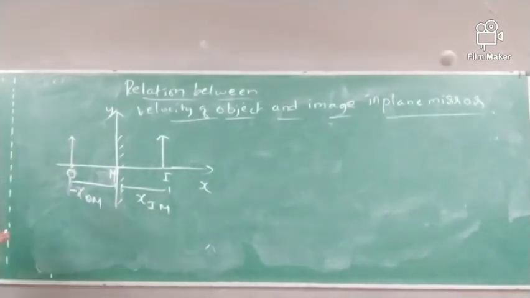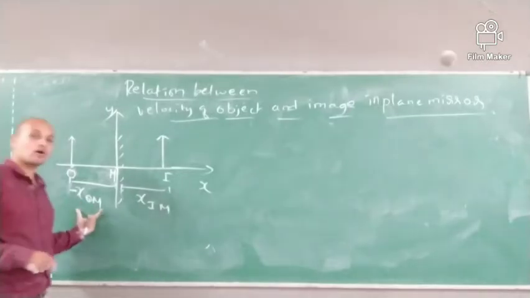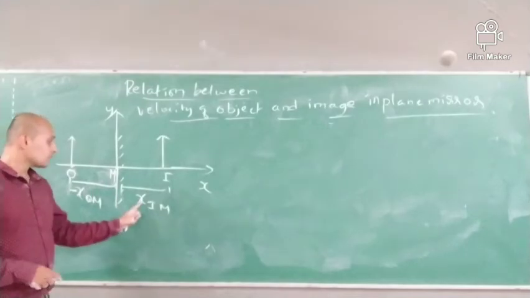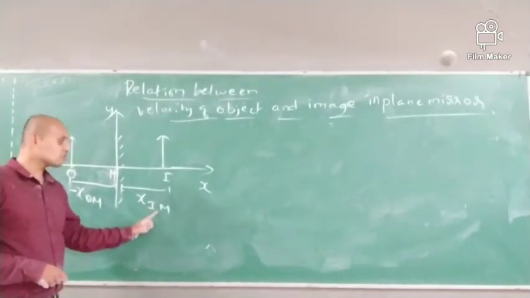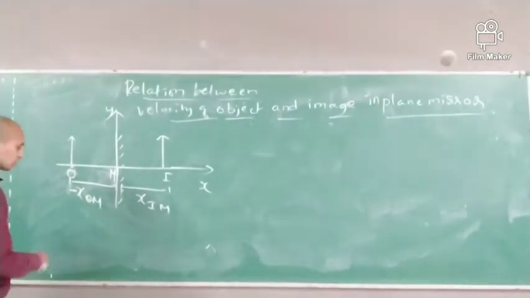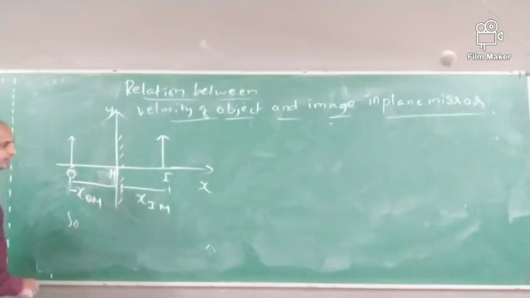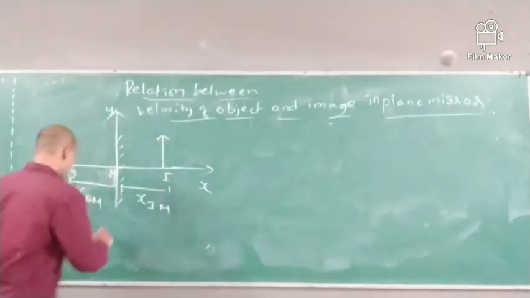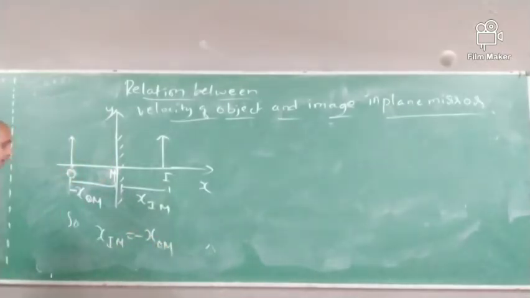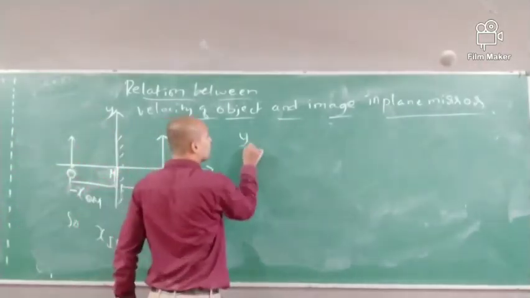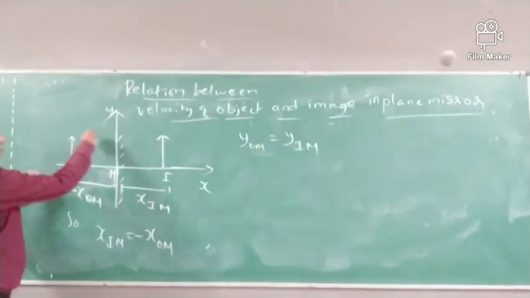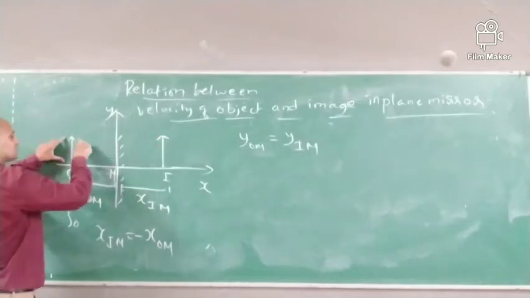Correct? Now what I am trying to tell you is that XOM means the distance of the object along X with respect to the mirror, and the distance of the image with respect to the mirror is nothing but these two variables. So XIM will be equal to minus XOM. I can write YOM is equal to YIM. Along the y-axis nothing changed.